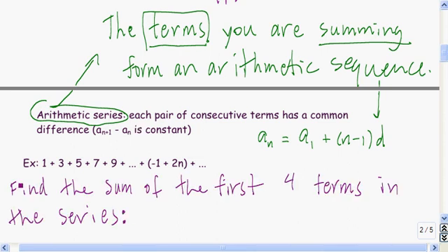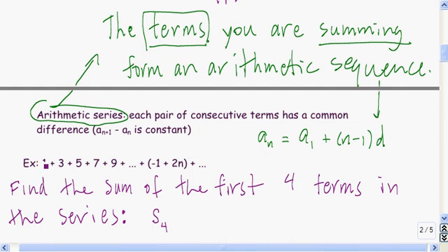Why don't you press pause while you do this first example related to this arithmetic series. Find the sum of the first 4 terms in the series. We denote that by an S for summing, with a subscript of the number of terms that we're summing, starting from the first term all the way to the last term.